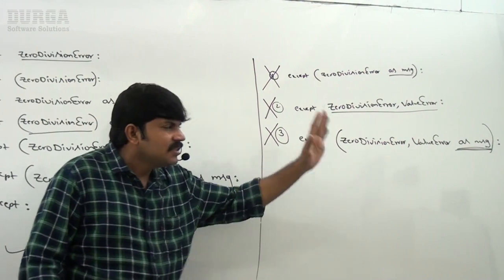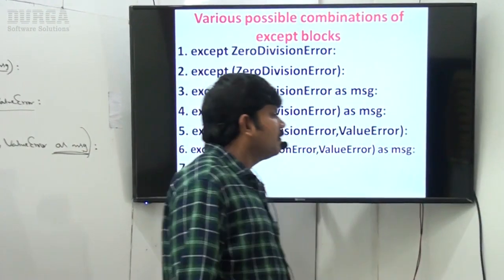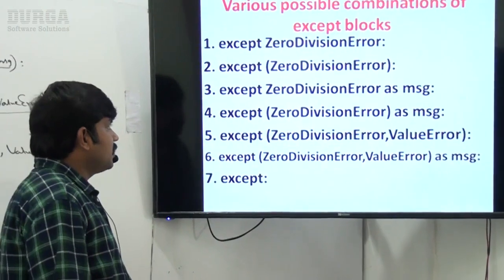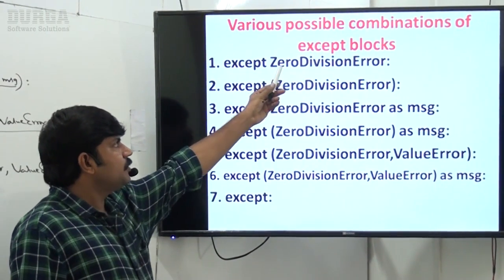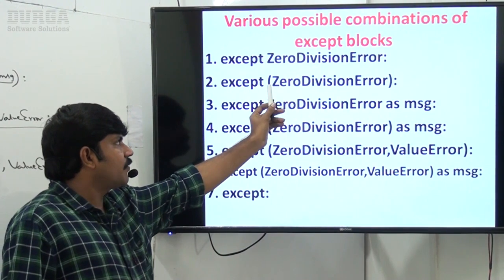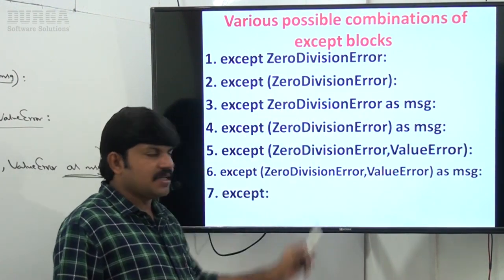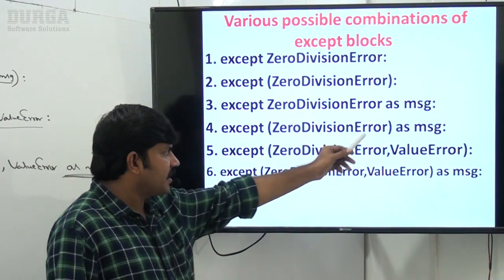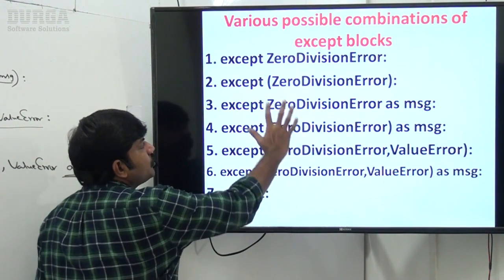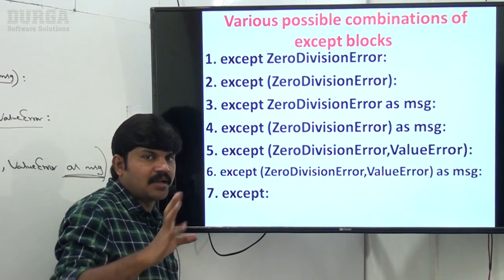So clear, right? Just have a look once at this. What are the various possible combinations of except blocks? Except ZeroDivisionError, or except (ZeroDivisionError) within parentheses, acceptable. Except ZeroDivisionError as message, valid. So if you are going to handle one exception, parentheses are optional.